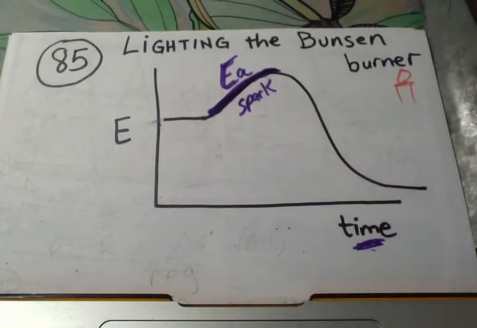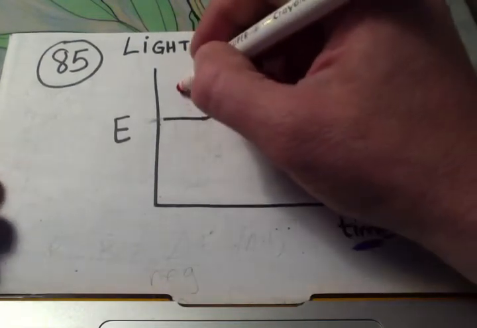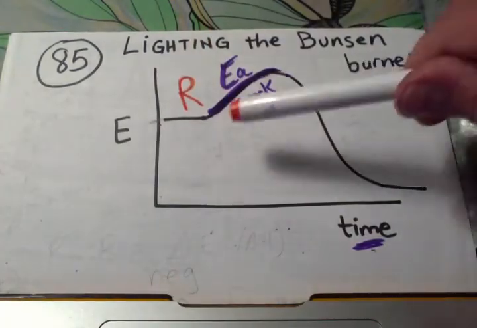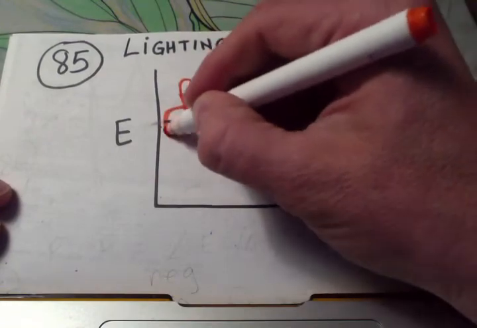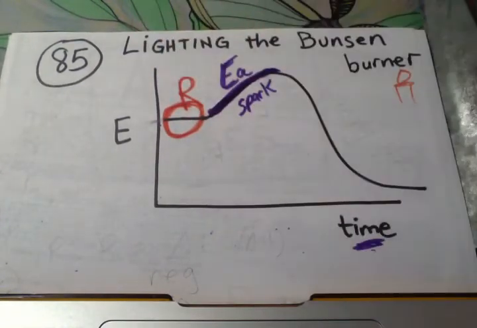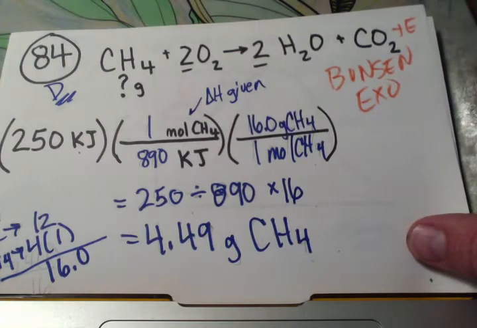It really helps. Okay. So you turn on the gas, and think of, this is your reactants right here. So this is your methane, these are your reactants. What were our reactants in lighting the Bunsen burner? Well, it's methane and oxygen. Okay.